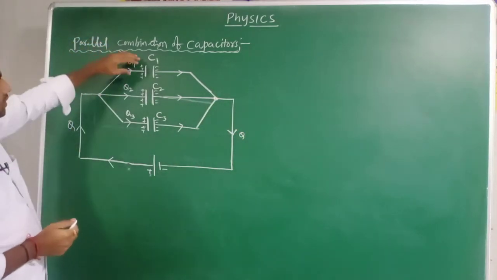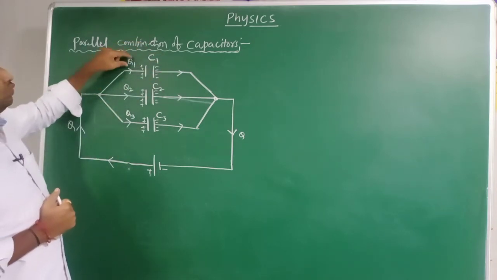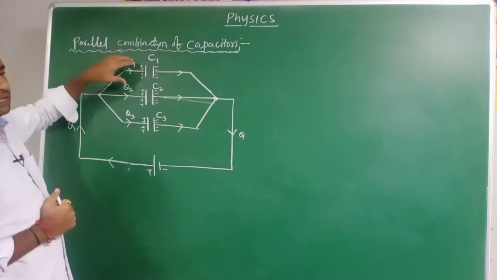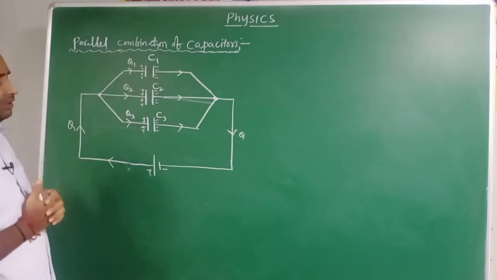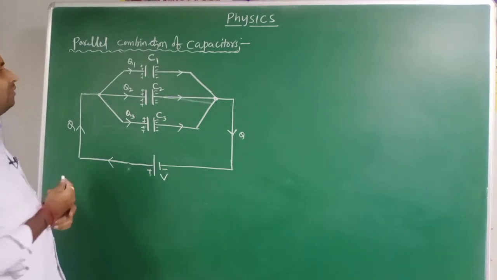Here C is equal to Q by V. Here Q1 is different, and C1, C2, C3 are different. But in case of parallel combination, the potential remains the same.